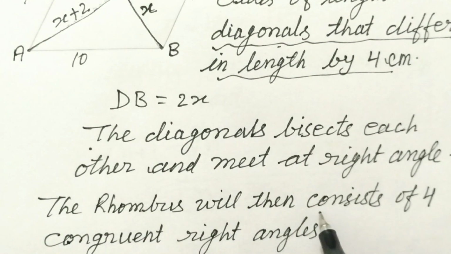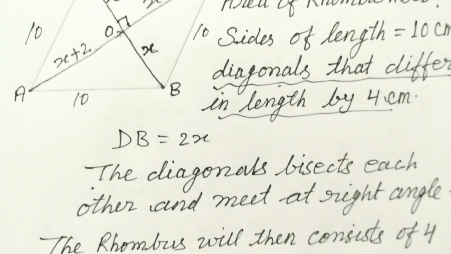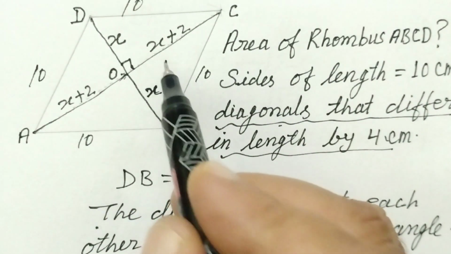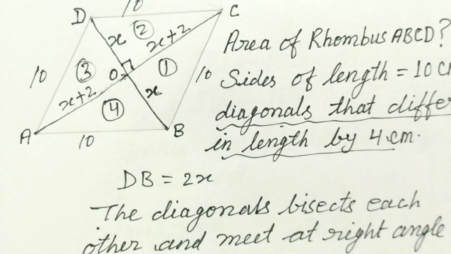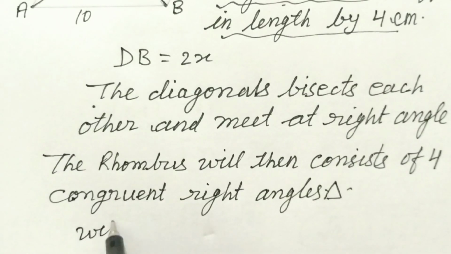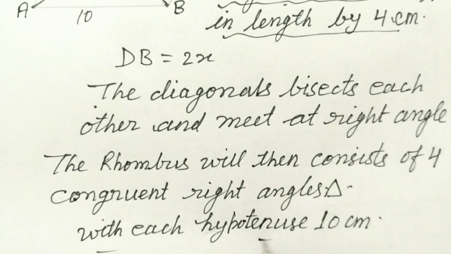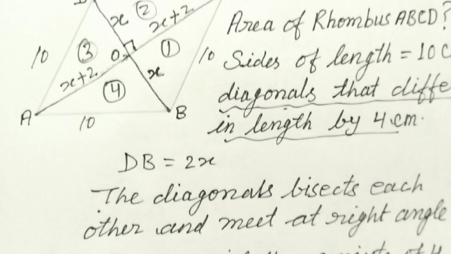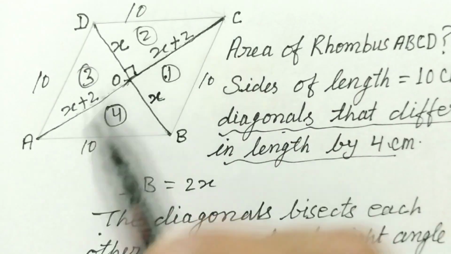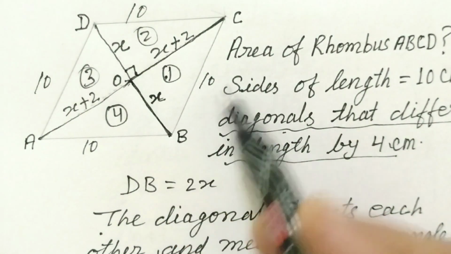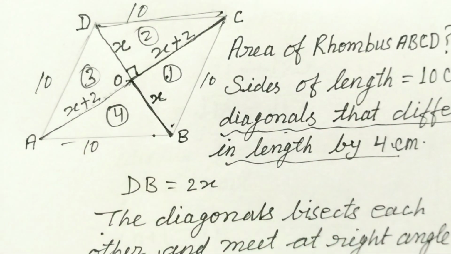So the rhombus will consist of 4 congruent right angle triangles, each with hypotenuse 10 centimeters. In this right angle triangle, if we take this as height and this as base, then this will be the hypotenuse, and here also the hypotenuse is 10, here and also here.